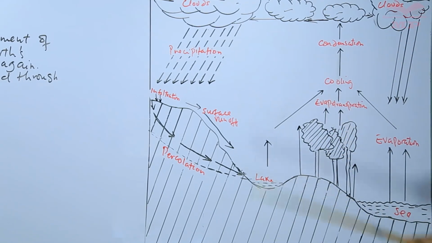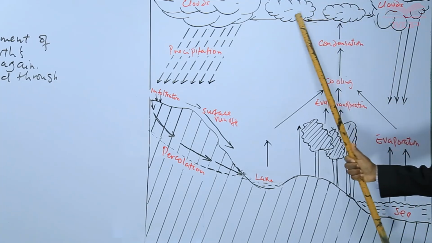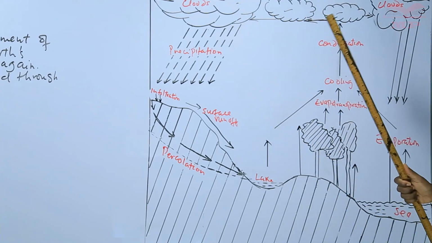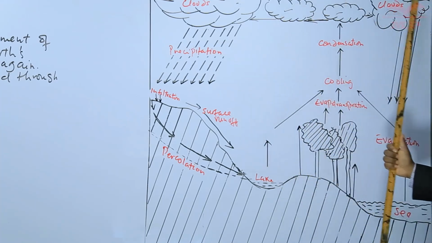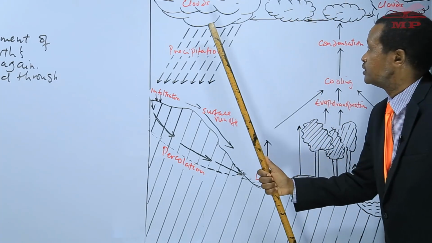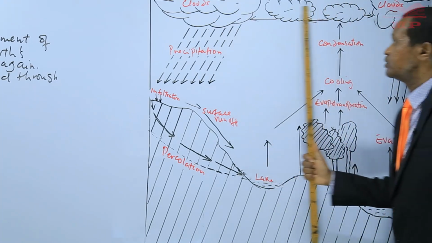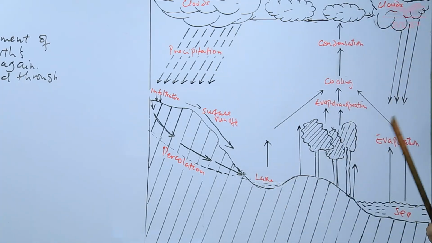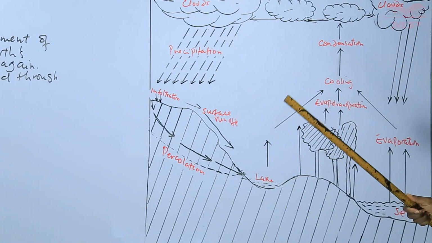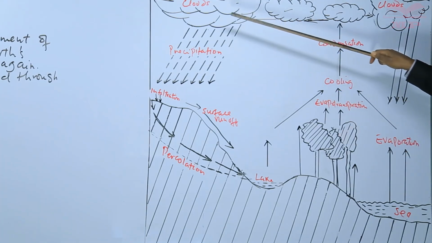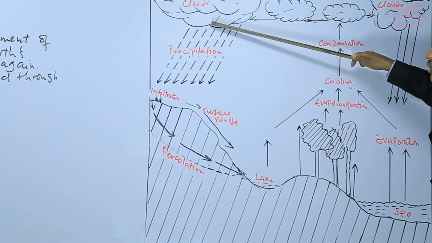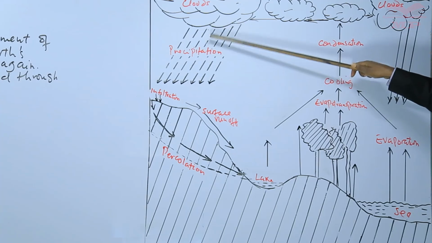So, learners, when these clouds become too heavy laden with moisture, they release it in a process we are calling precipitation. Okay?